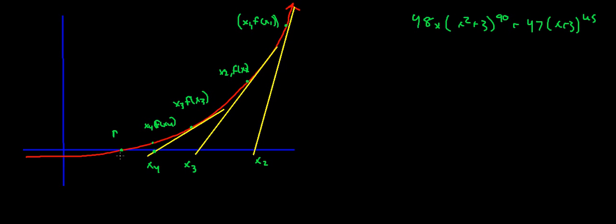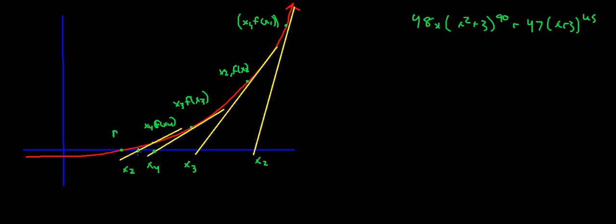and then again, you should be able to see the picture here by now. So here, now I'm at x5. These tangent line intercepts are going to get closer and closer to r until it's infinitesimally close.